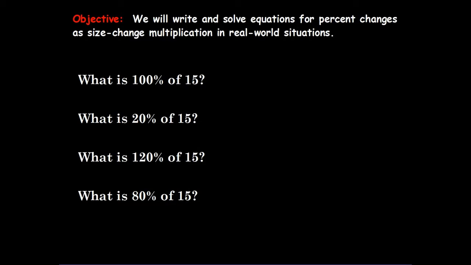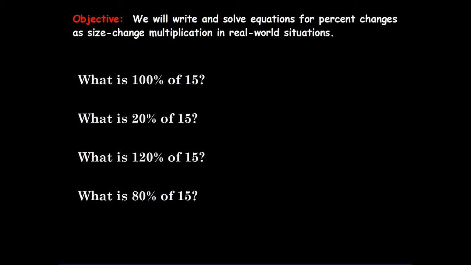So I put our official objective at the top, which is we will write and solve equations for percent changes as size change multiplication in real world situations. At some point I'm going to be providing you questions like about the tip on a meal. So those are our real world situations.